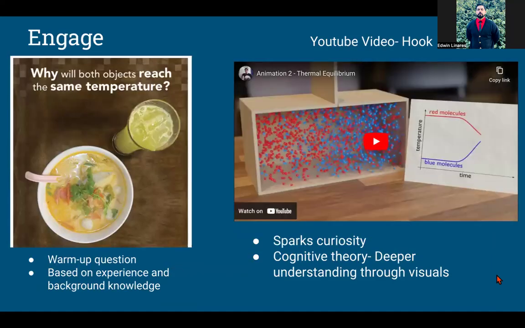Now, in this slide, I'm going into further detail as far as the engage. On the left side, you will notice that I have an image that also has a question: Why will both objects reach the same temperature? Usually in this case, this would serve as a warm-up question, primarily based on experience and any background knowledge that the students would have.